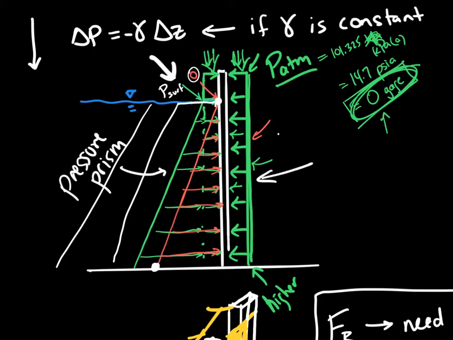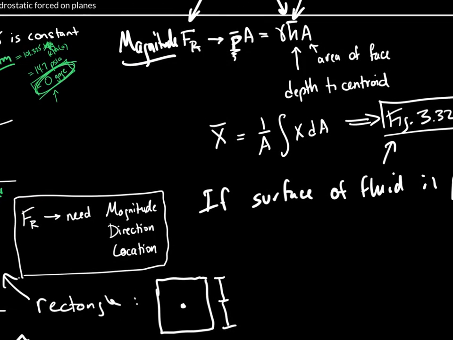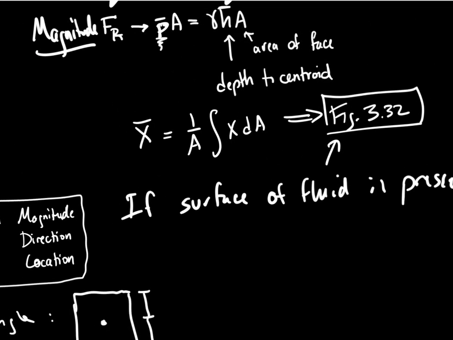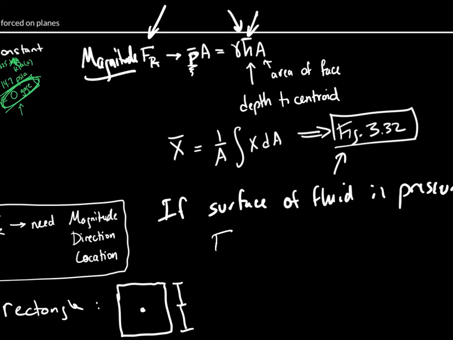So then what happens is, if we go over here, then the magnitude becomes FR equals P bar A equals gamma H bar plus the pressure at the surface, times A. And this is the same as before.